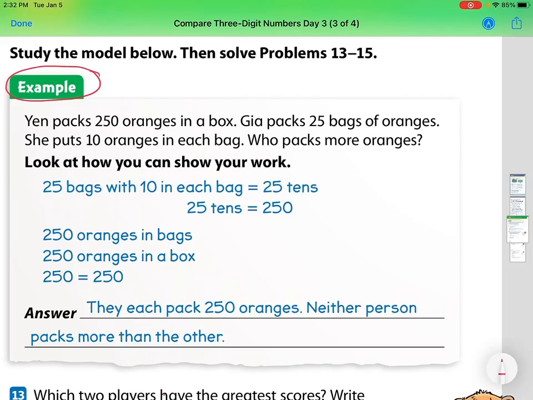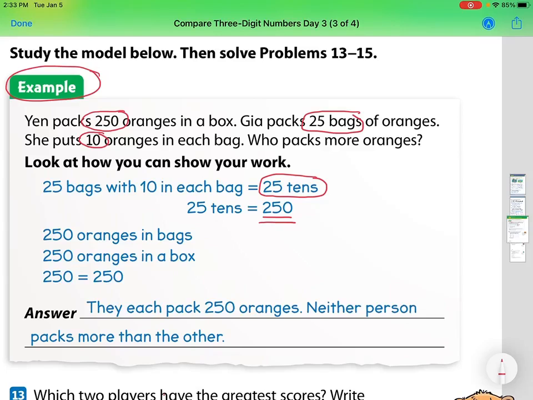So now one of the people just says that he packs 250 oranges, okay? The other one gives us a step to do that the first one didn't give us. This one is talking about 25 bags full of oranges, okay? And in each bag, there are 10. That means we have 25 tens, okay? And 25 tens, we know, is the same as 250, okay?